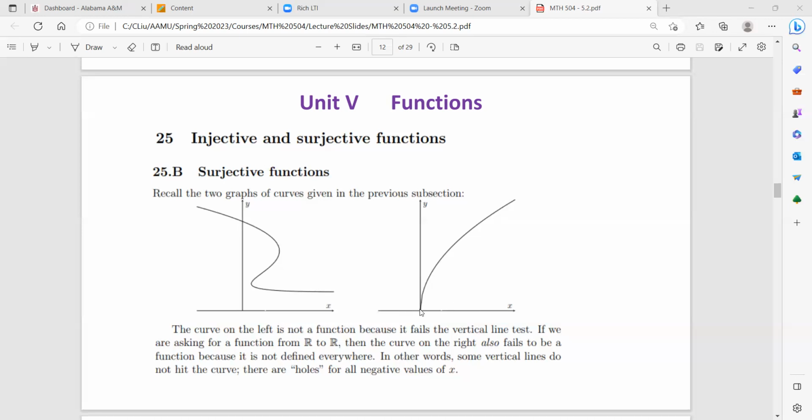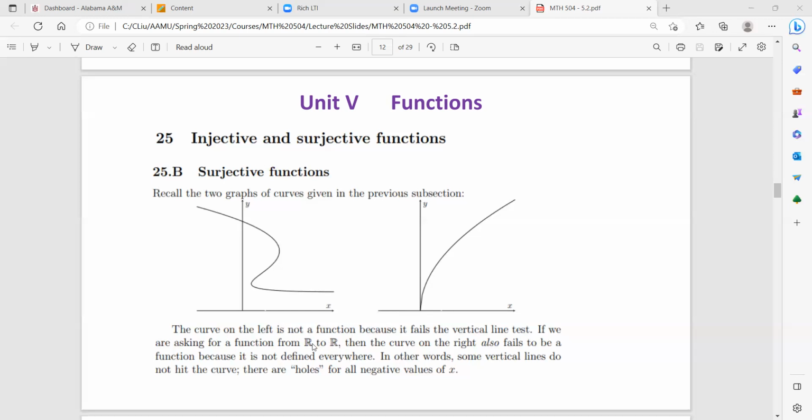So the curve on the left-hand side of the plane is missing, so you cannot have a function value for negative x values. The graph doesn't define such a correspondence. So this is not a function from R to R.